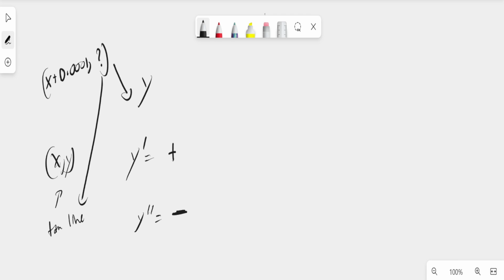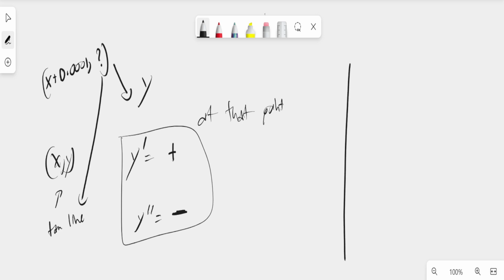So y prime is positive. Would it overestimate? Because the graph is going down at that point?